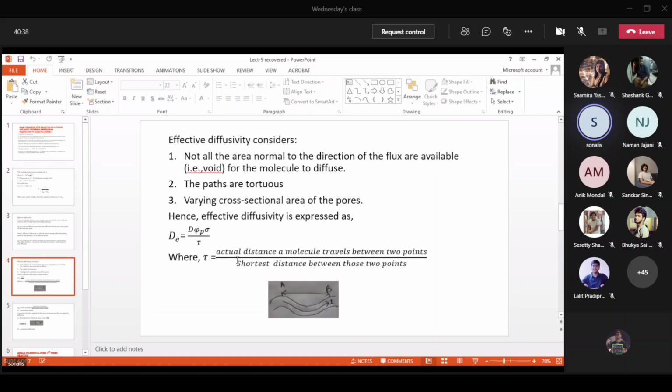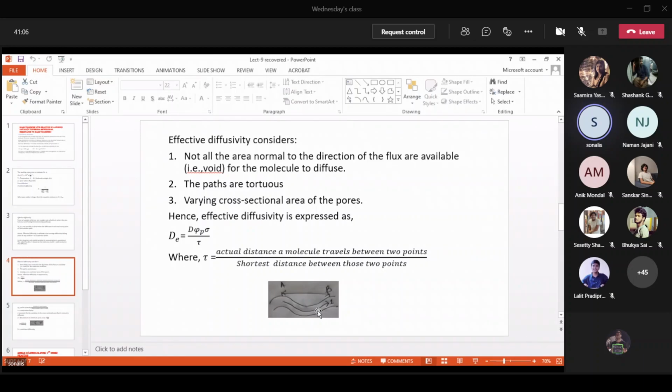Tau is the actual distance a molecule travels between two points divided by the shortest distance between those two points. Say this is a tortuous pore, and we are taking two points A and B. This upper straight arrowed line from A to B is the shortest distance between these two points, but actually the molecule has to traverse this bent tortuous pathway.